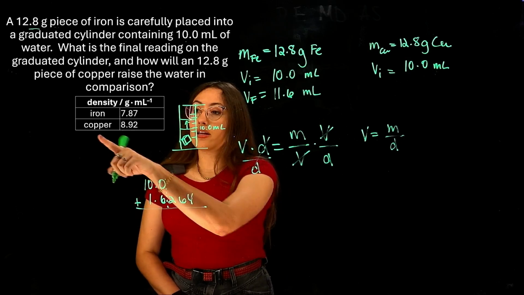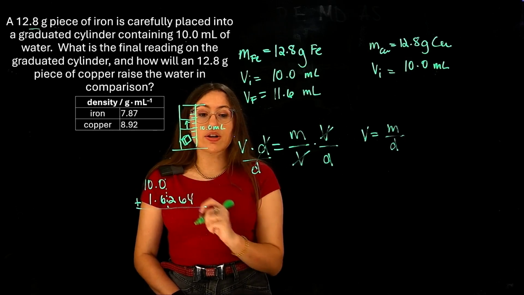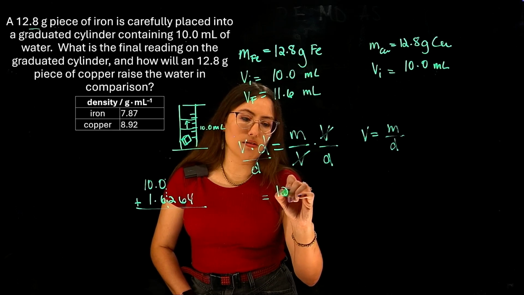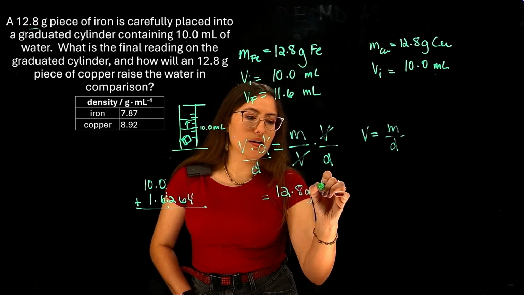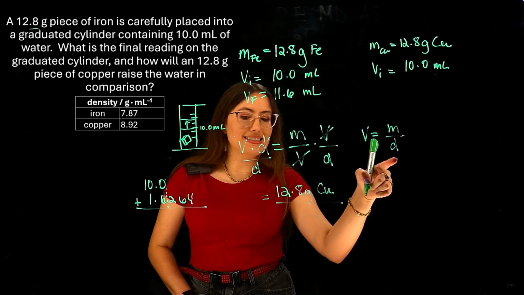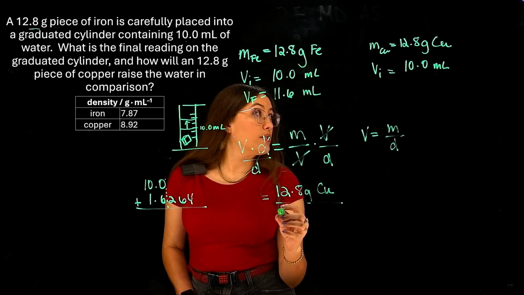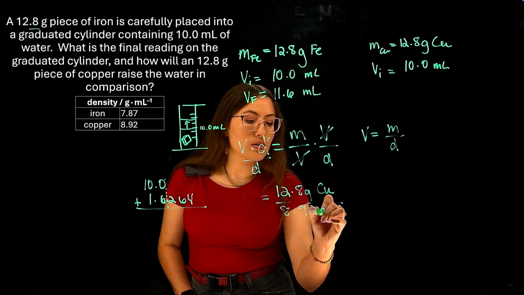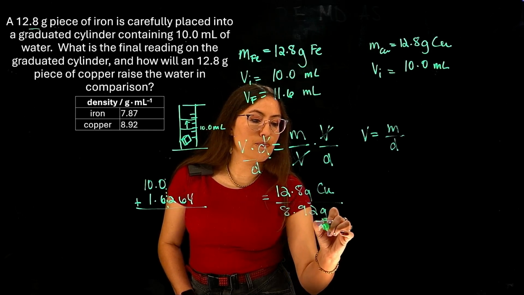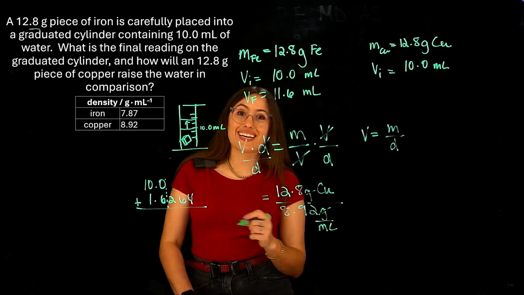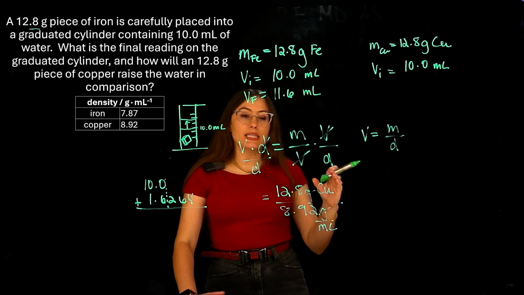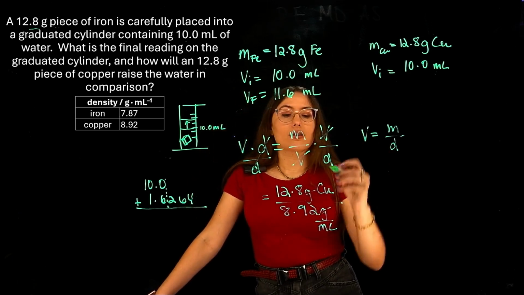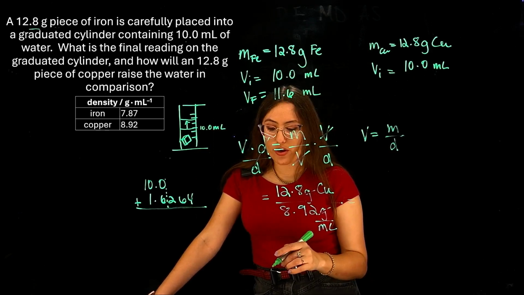We can go ahead and solve the problem in the same steps. We are given the density for copper. We have the mass, so the mass of copper is 12.8 grams. The density of copper is 8.92 grams per milliliter. Grams and grams cancel out. Because milliliters is being divided in the denominator, it will come up to the numerator.